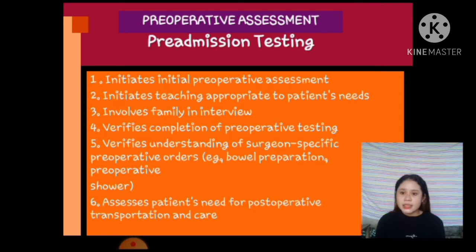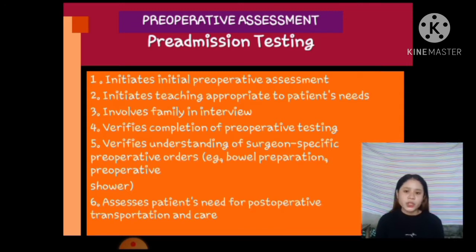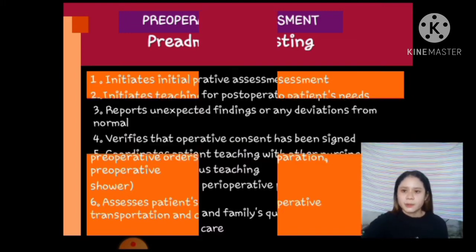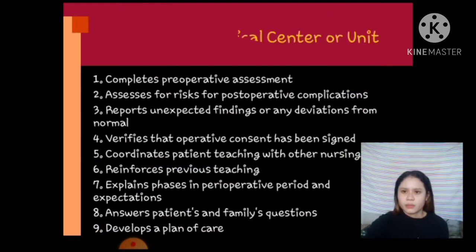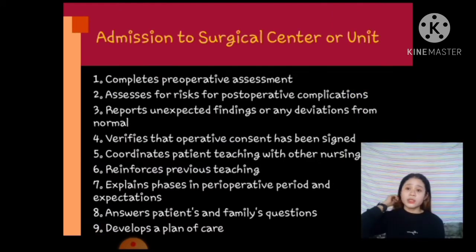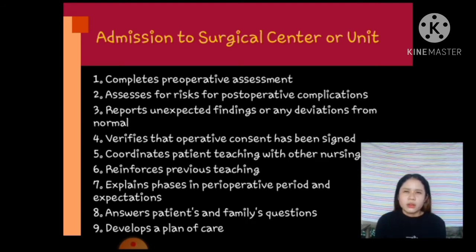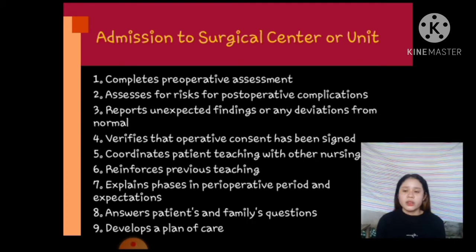Next, assesses the patient's need for post-operative transportation and care. In here, before undergoing surgery, you will ask the doctor what post-operative care will involve. The next is admission to the surgical center or unit. First, you should always have a complete preoperative assessment, as I mentioned earlier.